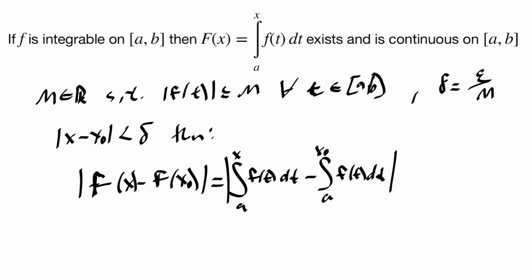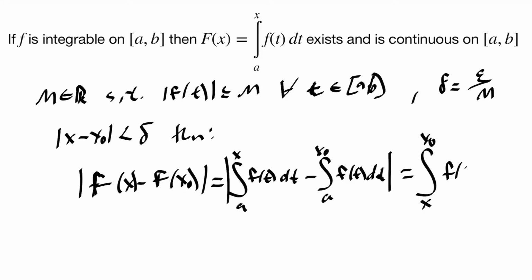Well, I guess this was a theorem that I skipped earlier, but we know that if you go from a to x and then a to x naught, the difference is the integral between, because the integrals over areas add as long as they share endpoints with each other.